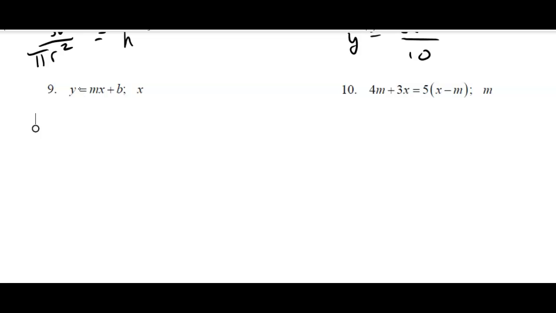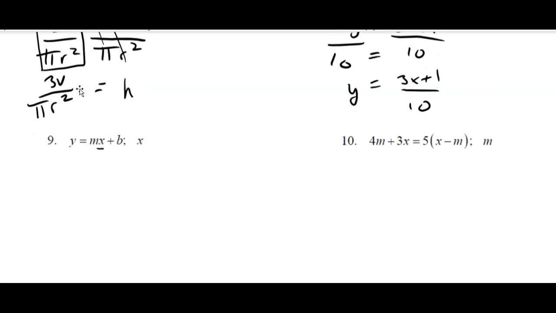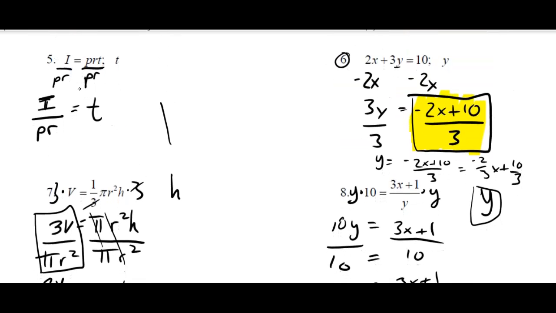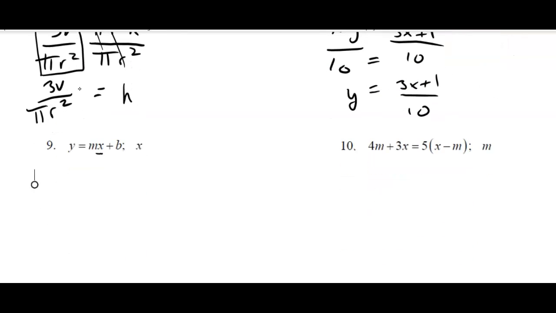If I want to solve for x, just follow exactly what we did on number 6. So you're going to subtract b, then divide by m. Over here, there are a couple different ways you can do this, but you've got to get the m's to the same side first.